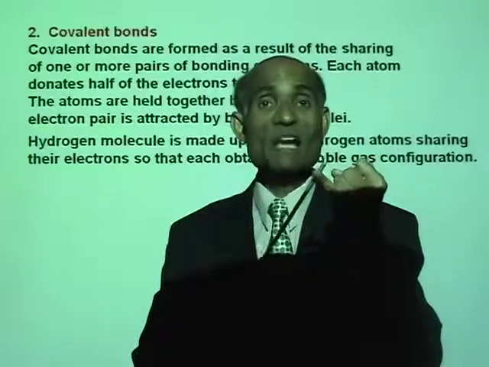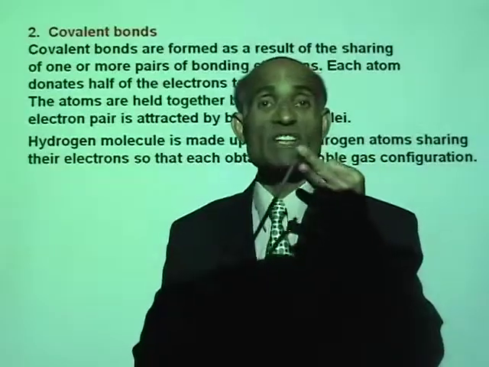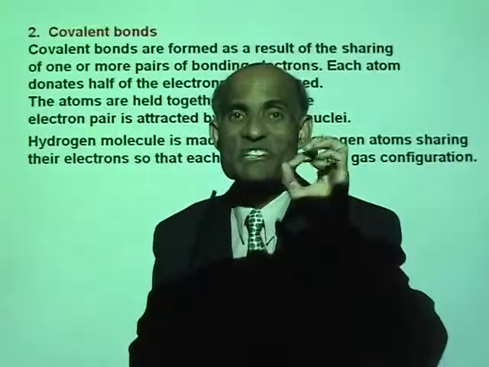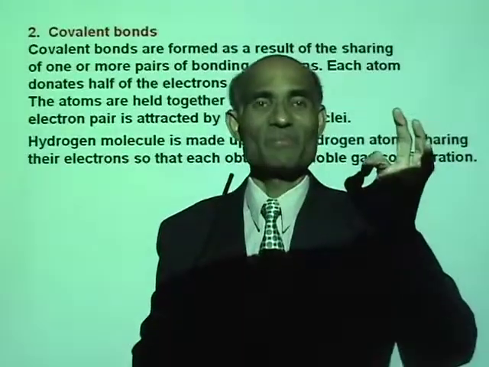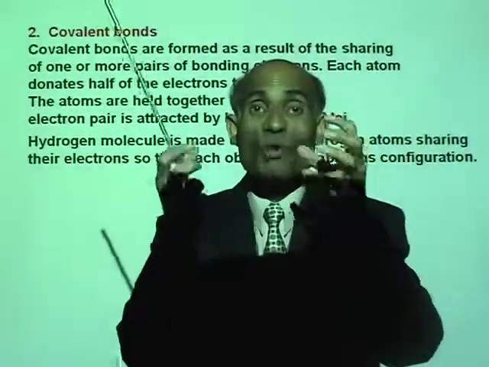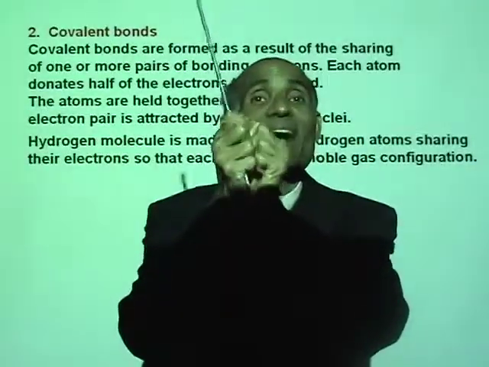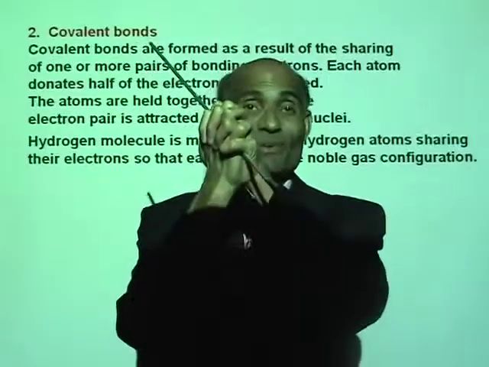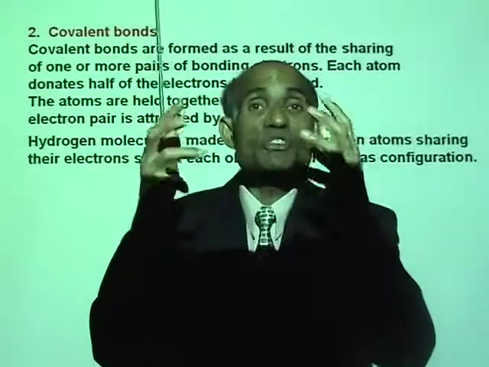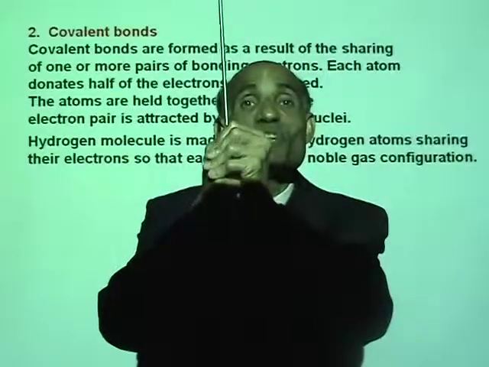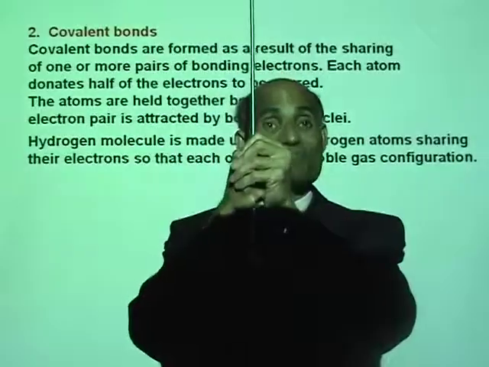For example, I told you elements like hydrogen, oxygen, nitrogen, and so on never exist as single atoms. Hydrogen always exists as two atoms together, a hydrogen molecule, H2. Oxygen also always stays together as a single unit of two oxygen atoms.